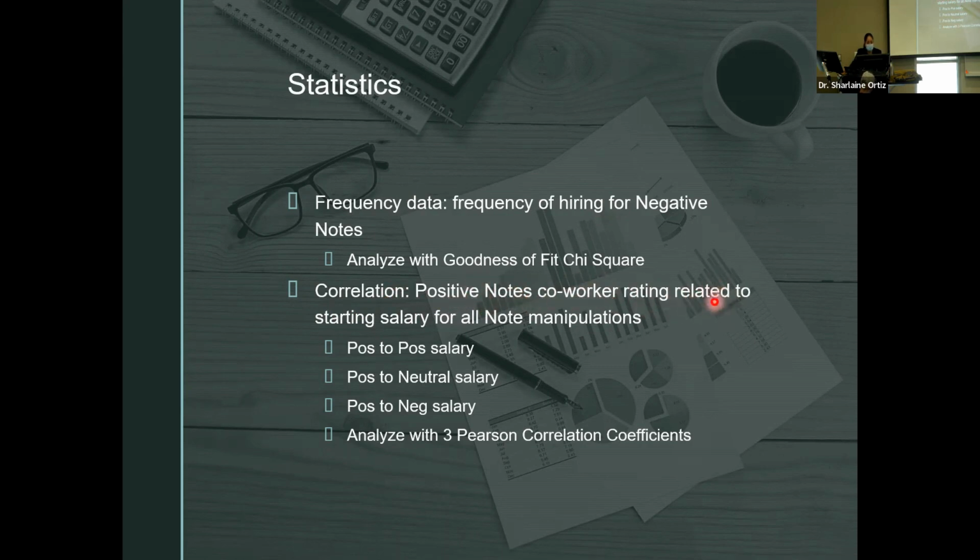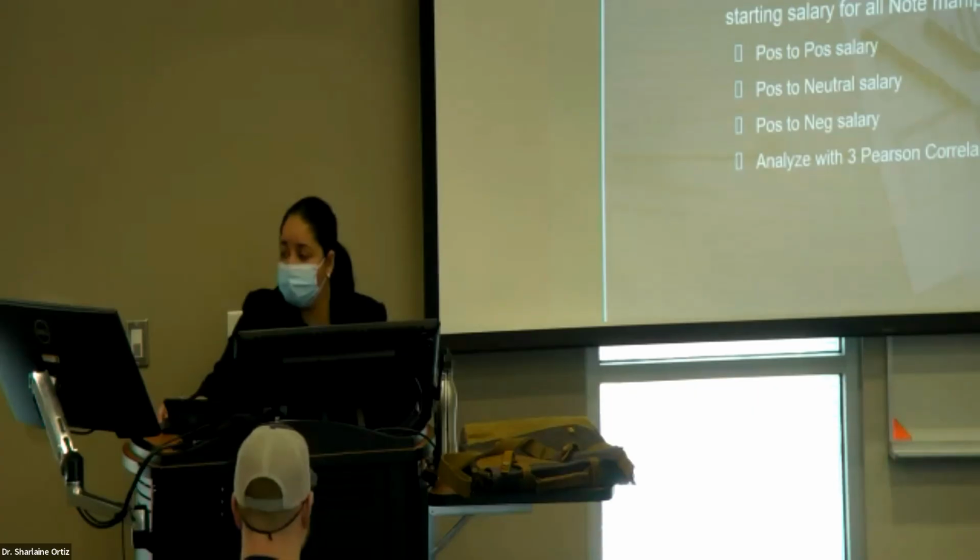Does it relate to the starting salary for all notes? For instance, positive coworker rating to positive salary, positive coworker rating to neutral salary, positive coworker rating to negative salary. And then we're going to analyze Pearson correlation coefficients. And we will talk in detail as to what a Pearson correlation coefficient is.